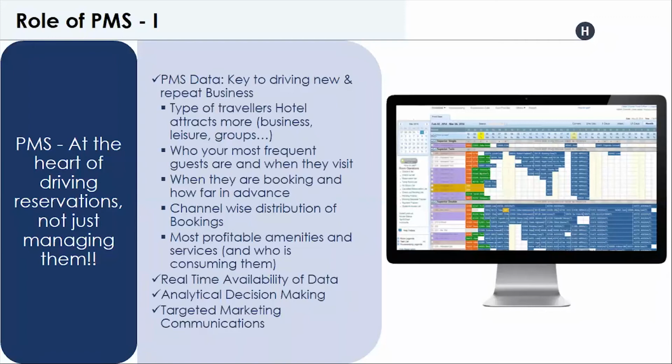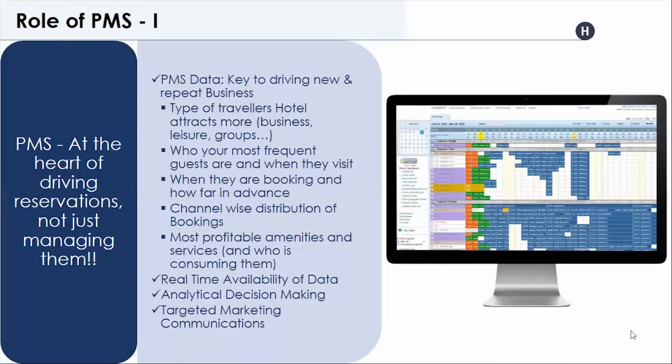All this data lies in the PMS. A lot of it comes from the PMS, and when it is integrated with third-party products like channel managers and rate shoppers, you get a better understanding of the decision you have to make and what price you have to sell the hotel at. So this is supported by a PMS.